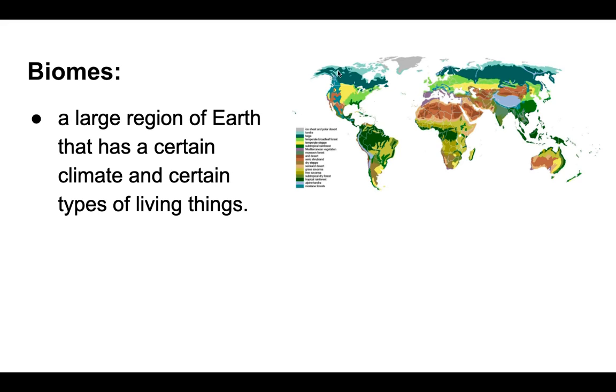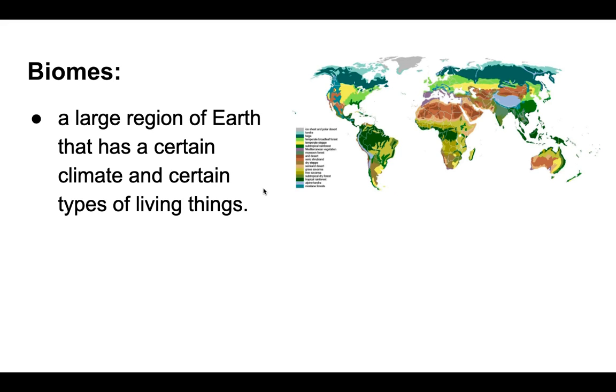In the farther northern part, you've got similar colors in North America as well as Europe and Asia. There are a couple of things that determine why these habitats look the same, and we'll get into those in just a second.